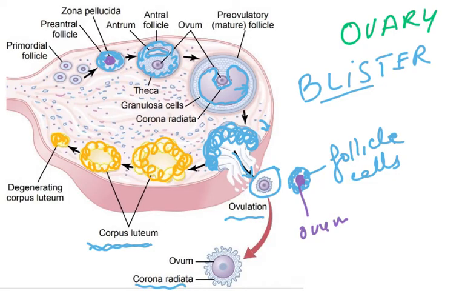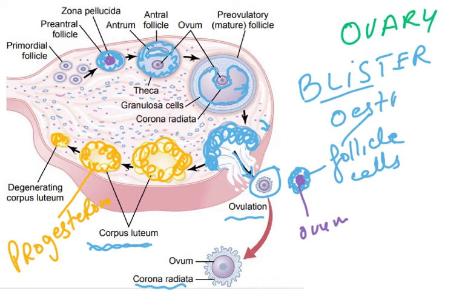But if pregnancy occurs, then of course it remains because it keeps on producing a hormone called progesterone. But the follicle cells produce the hormone estrogen.